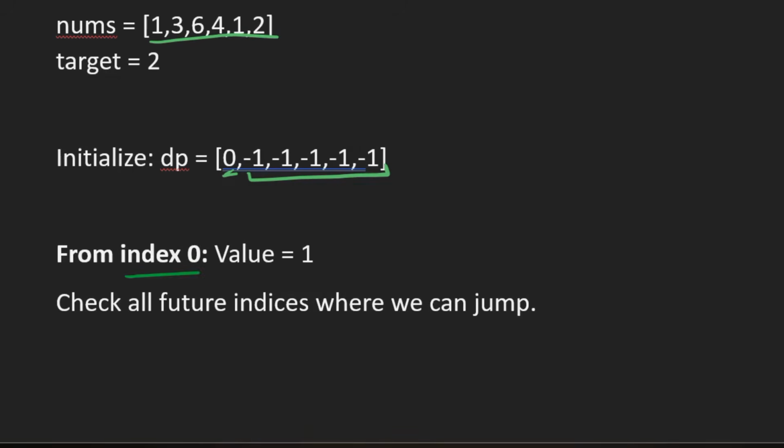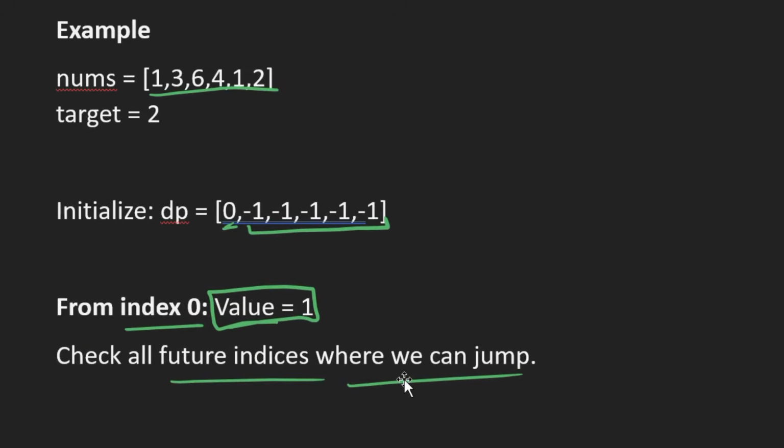Then from index number 0, we have value 1. We check all the future indexes where we can jump with this value. From value 1, the difference should be in the range -2 to 2.